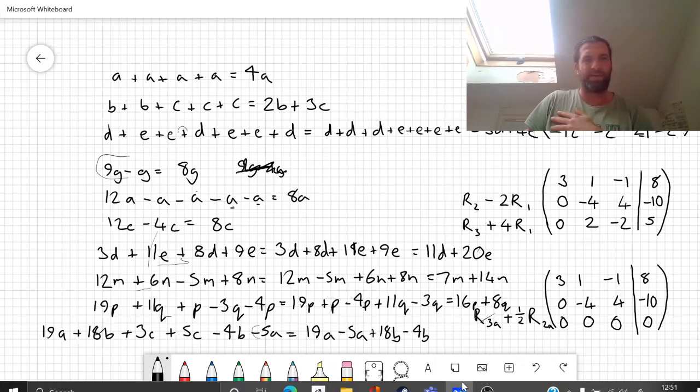You can cross them out if you want to. If you've got a really long line of terms and you don't want to get lost, you can cancel them out, because all this is the same as that, minus the C's at the moment. But we've got plus 3C plus 5C. I'm running out of space.